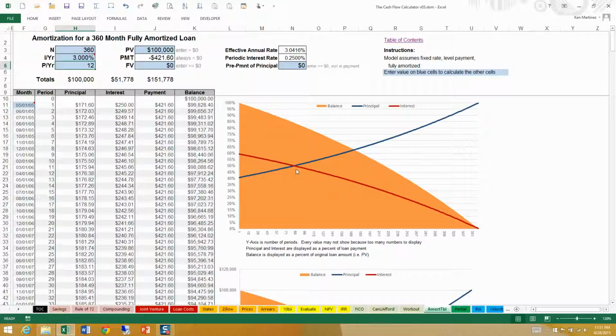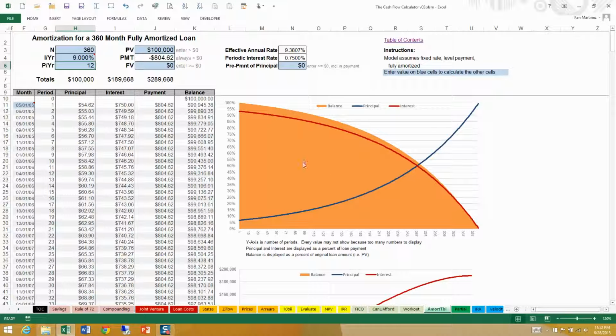If the majority of our payment is going to principal rather than interest, then it makes it easier to take over that loan. Consequently, if we change it to 9%, just as you would expect, it's a much higher interest rate. It's a more expensive loan. There's a lot more cost in the beginning, and when this crossing gets pushed out farther to the right, it's going to make it harder to take over that loan because of the high interest rate.